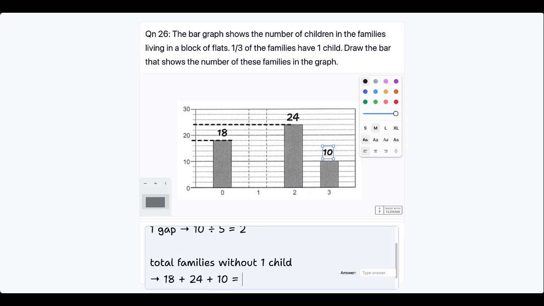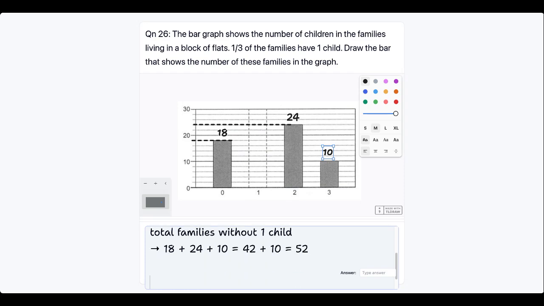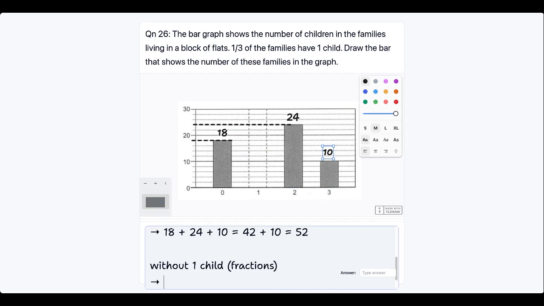So 18 plus 24 is 42, plus 10, which is 52. So we know that without one child, in terms of fraction, is equal to 1 minus 1/3, which is equal to 2/3.